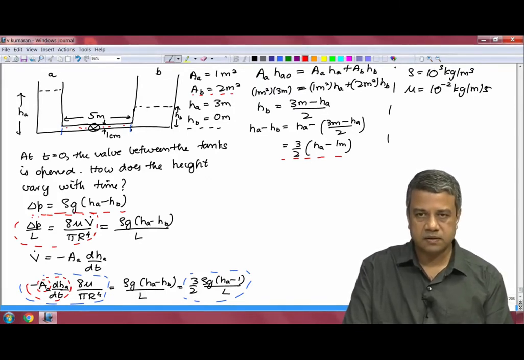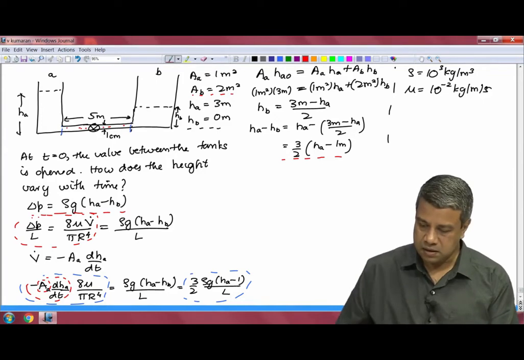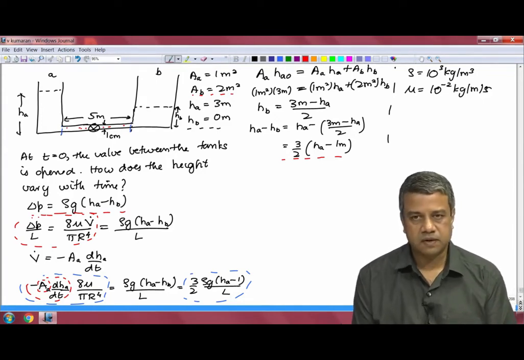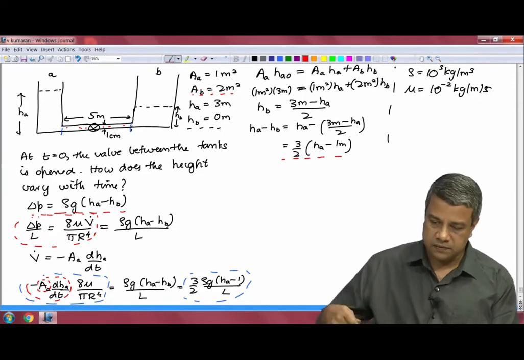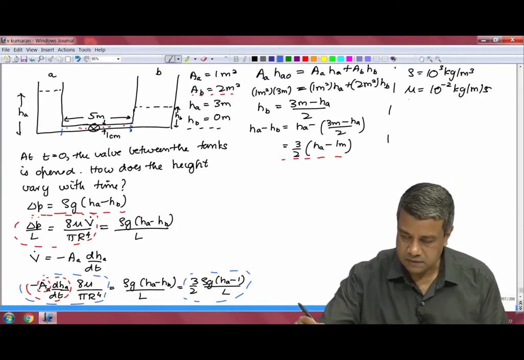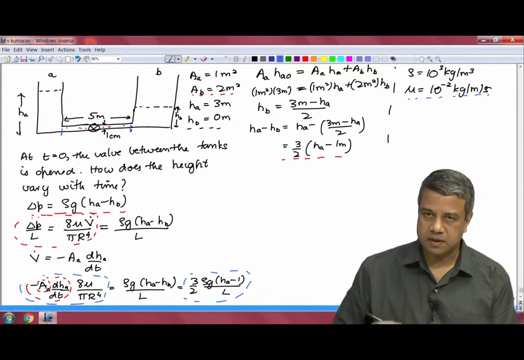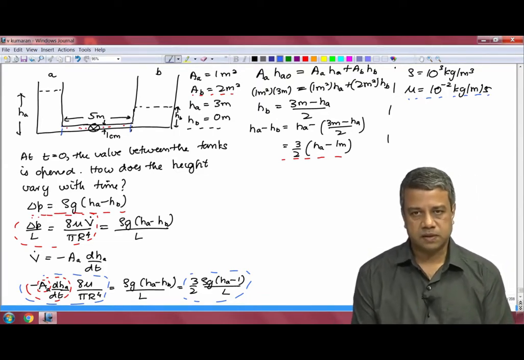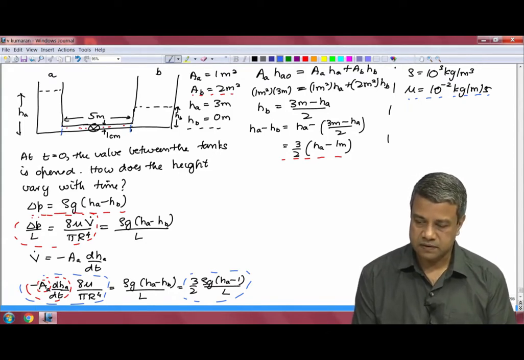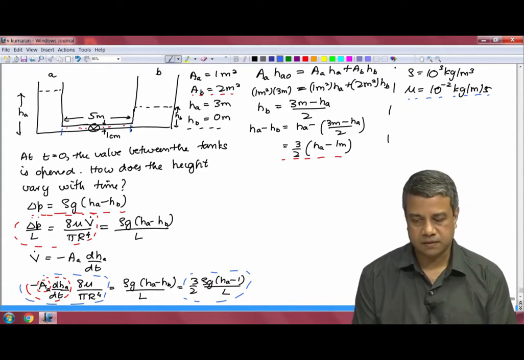At time t is equal to 0, you open the valve in the pipe connecting the 2 tanks, and you want to know how long it will take for the fluid to go from one tank to the other through a pipe of diameter 1 centimeter. The density of the fluid is 10 power 3 kg per meter cubed, viscosity is 10 power minus 2 kg per meter per second, that is a fluid with a viscosity approximately 10 times that of water.